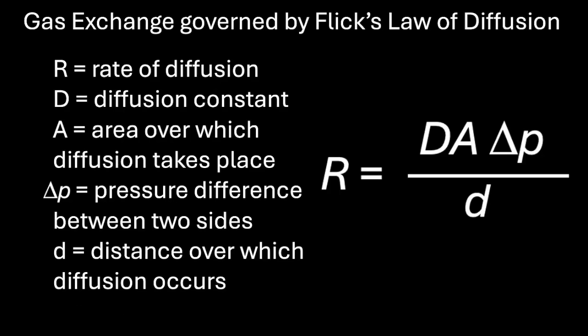And gas exchange is governed by Fick's law of diffusion. You don't need to memorize this, not super important. But essentially, this is the rate of diffusion. This is the area over which diffusion takes place, A. This is the pressure difference between the two sides, P. And this is the distance over which diffusion occurs.